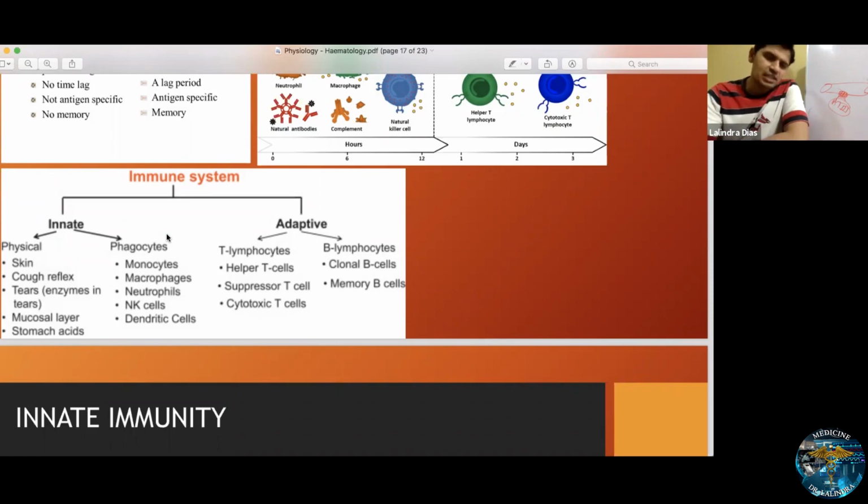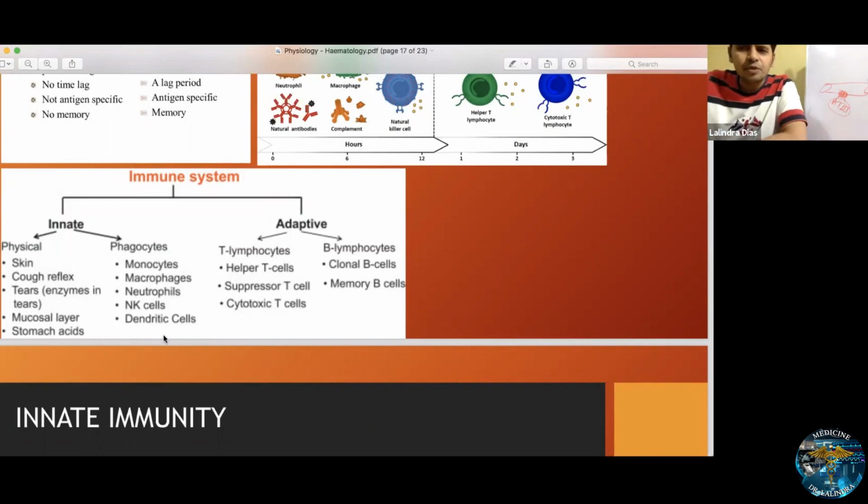Neutrophils, macrophages, dendritic cells, natural killer cells.